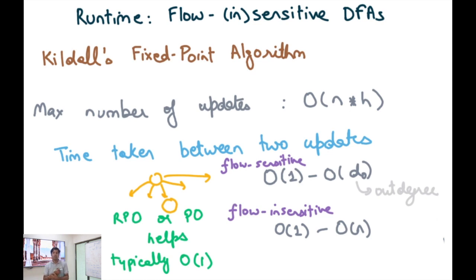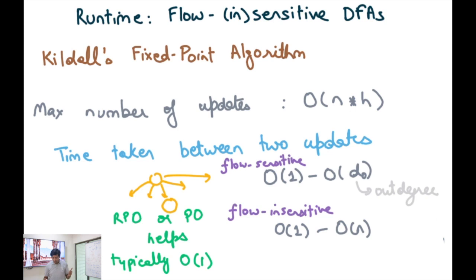All of them need to be checked to be sure that we have reached a fixed point or not. And if we have not reached the fixed point, it's possible in the worst case that I have to look through n-1 instructions before I look at that particular instruction that was using the result of the newly updated value, in which case the maximum amount of distance or time taken between 2 updates can be as high as order n in flow insensitive.